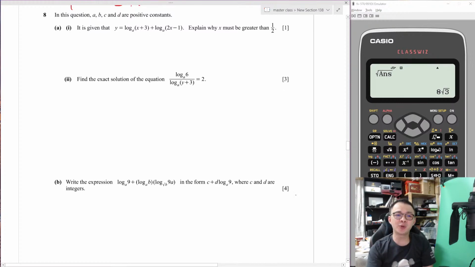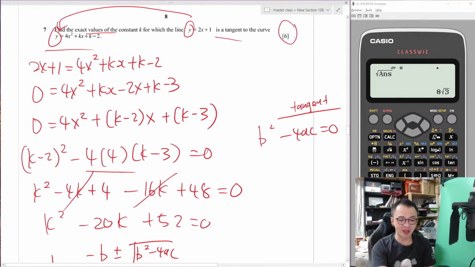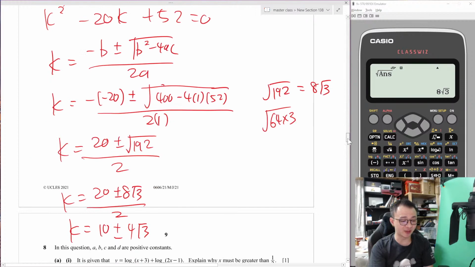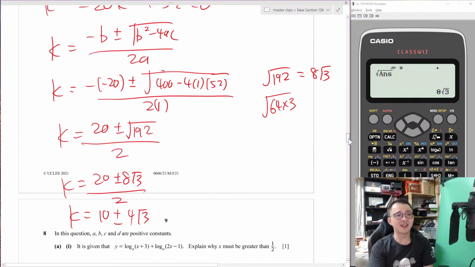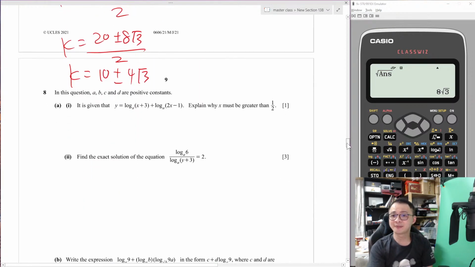Can we straight away do the quadratic equation on the calculator? I would not recommend it, because they give you about 6 marks, right? I guess it's good to show the quadratic formula here. It may take you another 30 seconds to write out the quadratic formula. I will always ask you to do that, and you can always use the calculator to check your answer, but I do not recommend you straight away get the answer.